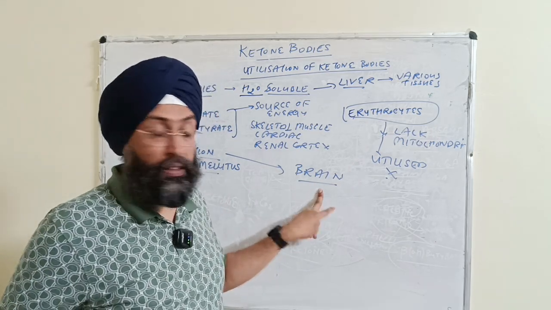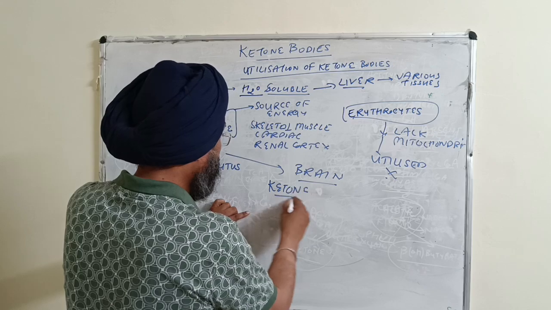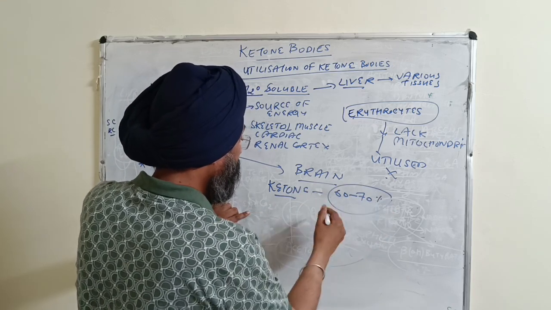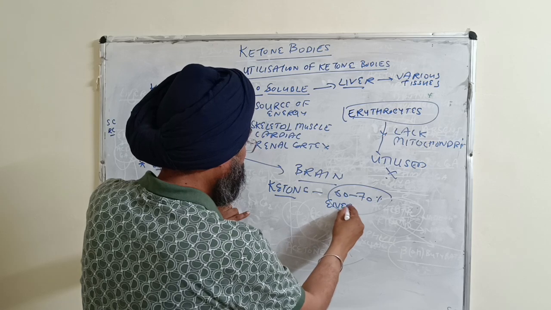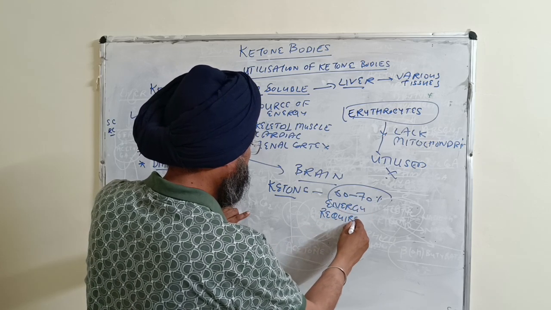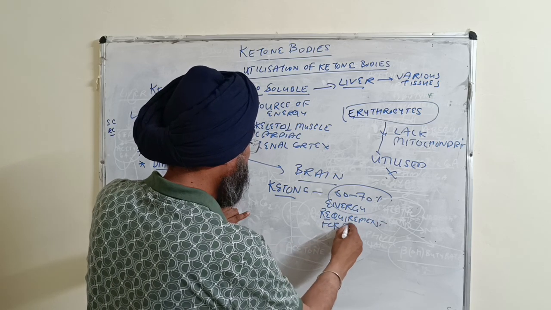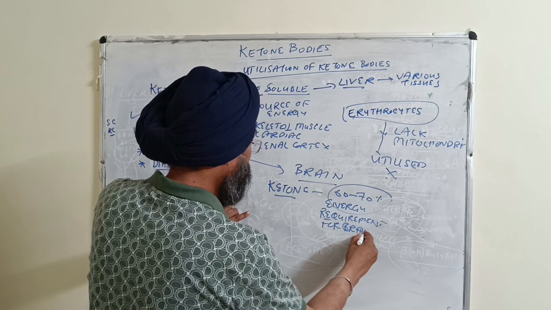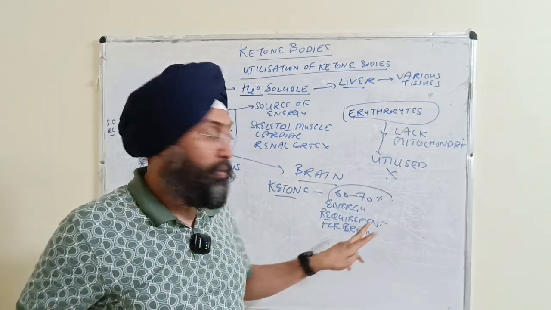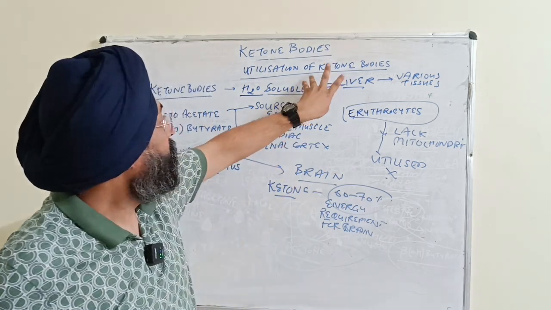But during starvation, the ketone bodies meet 60 to 70% of the energy requirement for the brain, right? So it is a defense mechanism for protecting the brain during times of energy deprivation. So that finishes with our utilization.